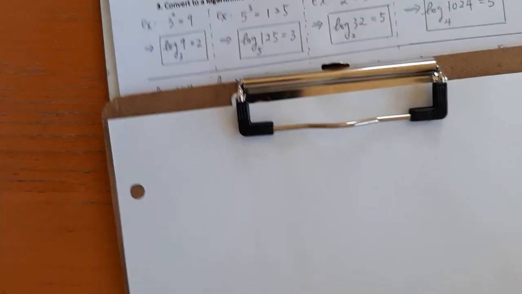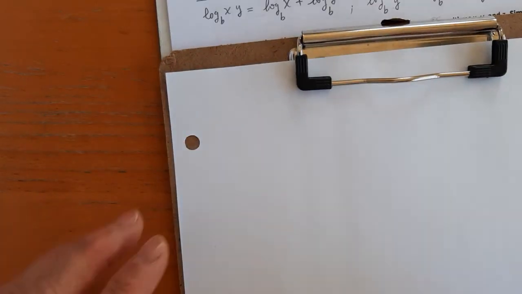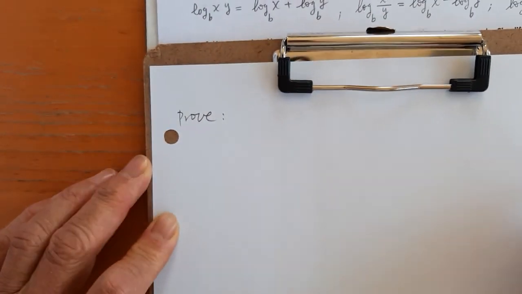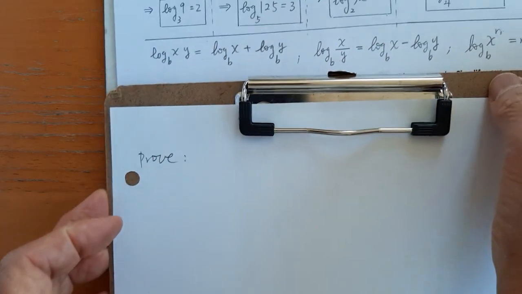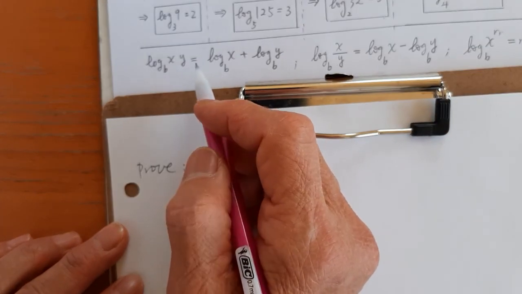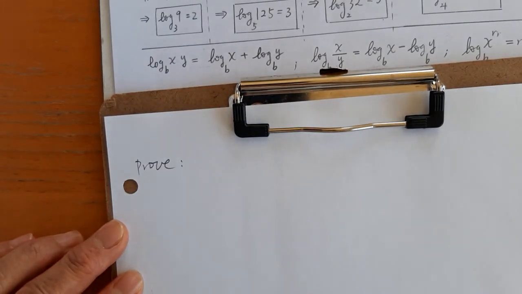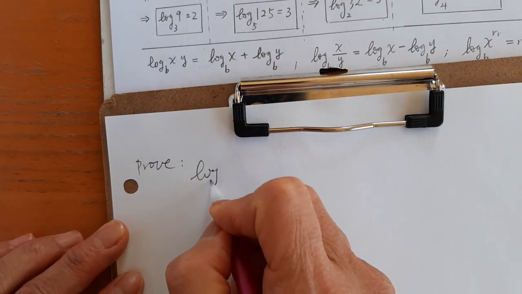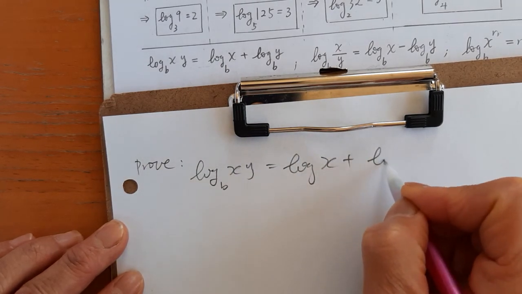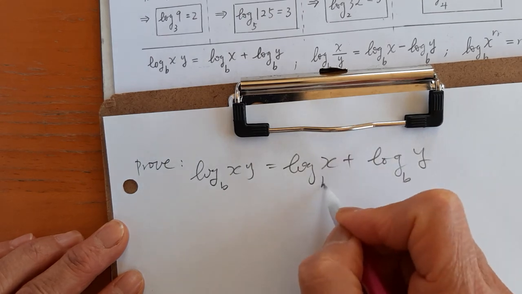Here we spend a little bit of time to prove it. We are going to prove this product rule: log base b of x times y equals log x plus log y, base b.